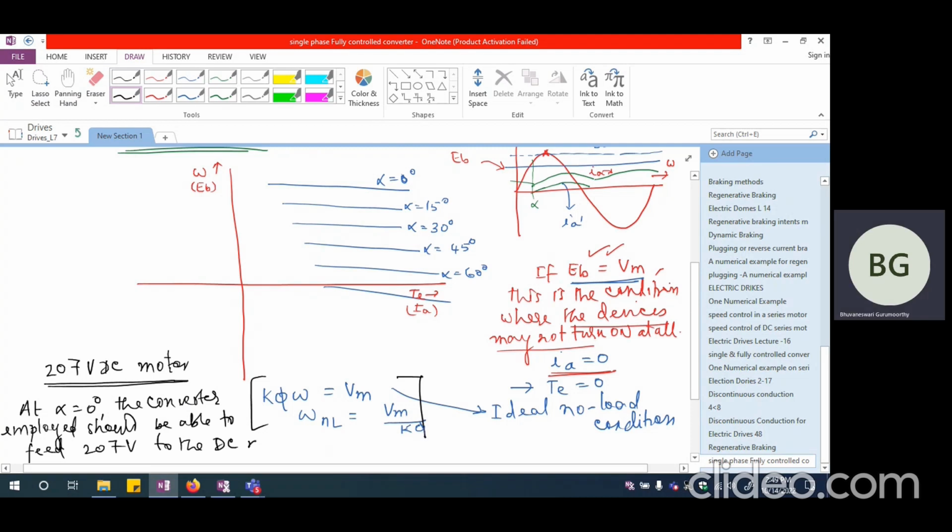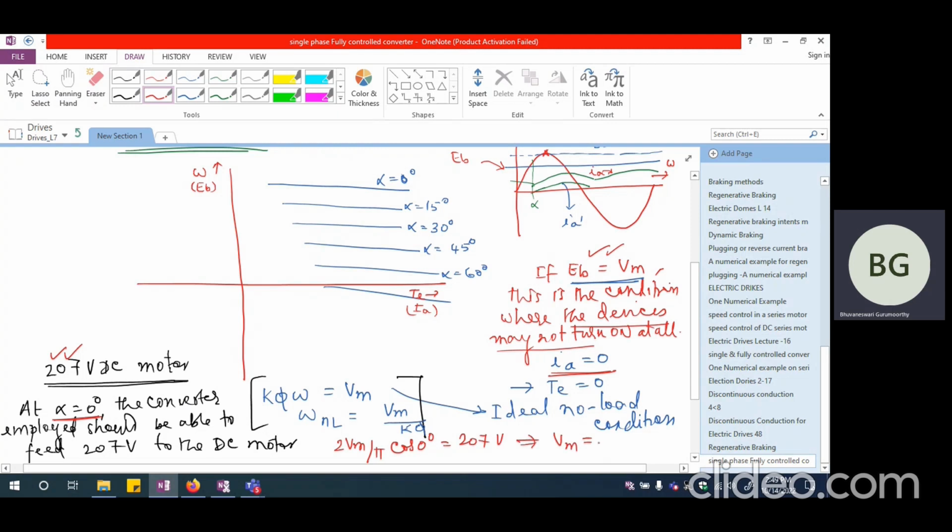So if I am looking for the design of the converter, I should definitely have my converter feed at least 207 volts to my DC motor when it is working at a firing angle of alpha equal to 0 degree, which means 2 Vm by pi cos 0 is going to be 207 volts. So from which I should be able to calculate what is Vm.